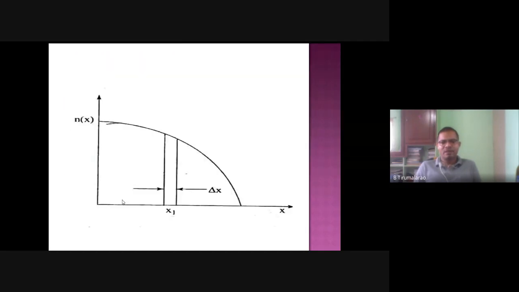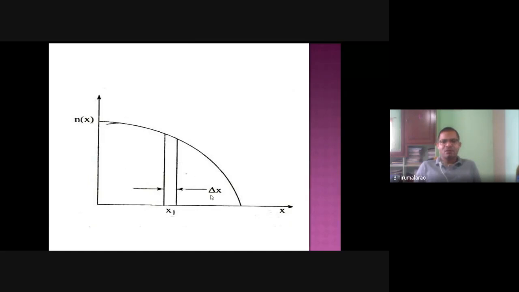So this is one diagram. See here, whenever we move from 0 along the x-axis, what happens? The concentration of the charged particles decreases. If you take a band of x, that means 3 centimeters to 4 centimeters, 4 minus 3 is 1 centimeter, that is called delta x.